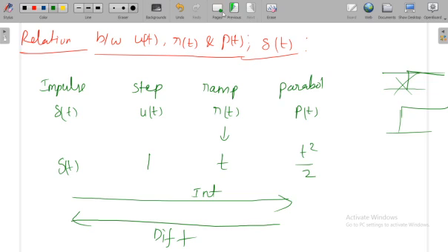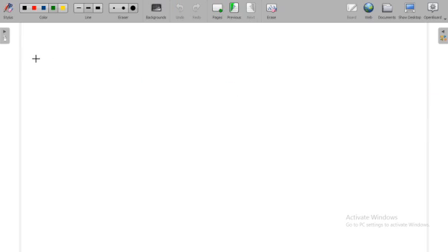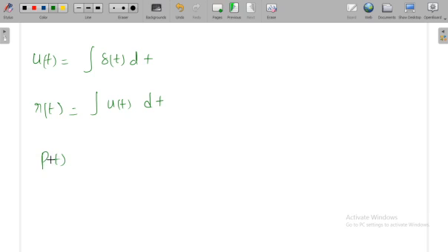So what I am telling is, the integration of the impulse is the unit step function. Then the integration of u of t dt is the ramp r of t. The integration of r of t dt is the parabola p of t. And again you may have a doubt about what the limit is.